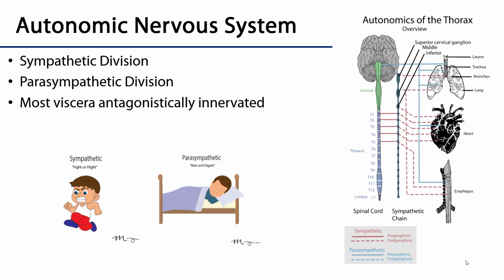So the autonomic nervous system, or the automatic nervous system, is a means by which we can control all the little details of our bodies that we don't want to think about, such as heart rate, respiration, the conversion of glucose, the contraction of smooth muscle, etc. And all of these things are dually and antagonistically innervated by the divisions of the ANS.